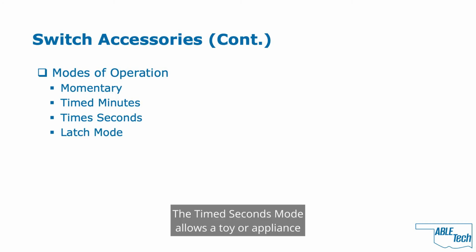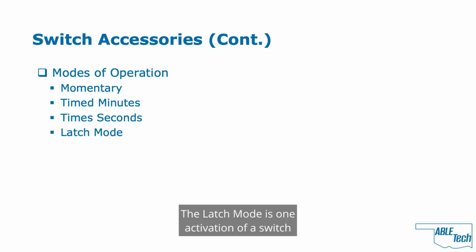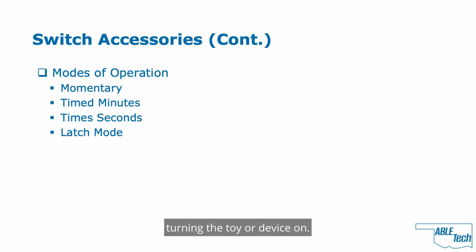The time seconds mode allows a toy or appliance to run for a preset time with a single activation. Timed minutes behaves exactly like time seconds mode, but uses minutes rather than seconds. The latch mode is one activation of a switch turning the toy or device on. The second activation turns it off.